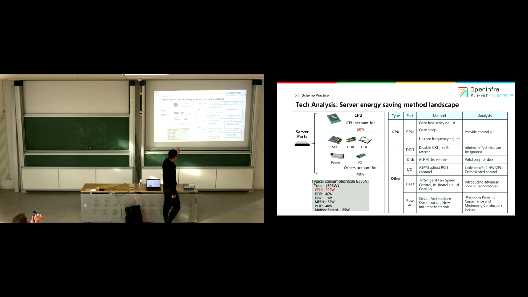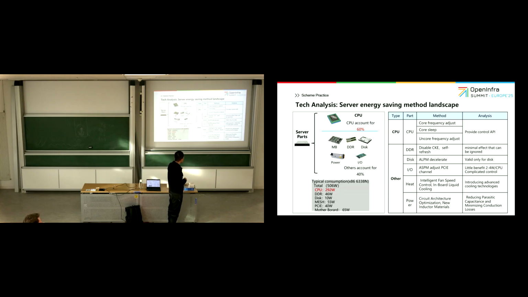And if you go through the methods for each component, what can we do and what do we achieve? Besides the CPU, you also have some methods, but the effect is very minimal, or some of them you can save some, but the total usage of that device is very small. So the benefit is small.